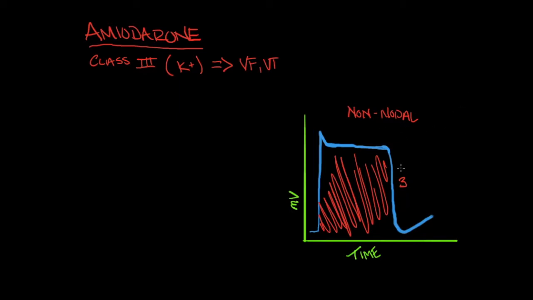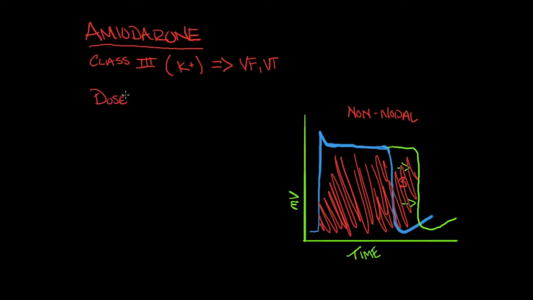So we're going to end up pushing out or delaying our phase 3. So our curve is going to end up transforming to be looking more like this. And this is going to increase our refractory period and hopefully slowing down our heart rate.